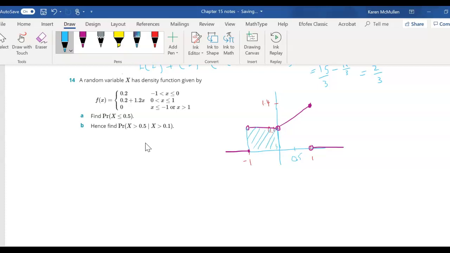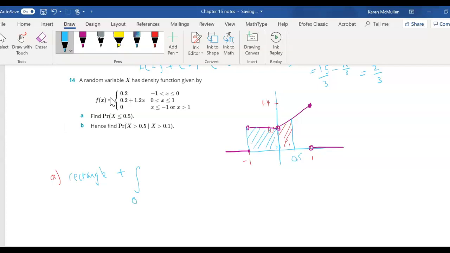So for part A, we can do that rectangle plus just this area on the other side. I might highlight that in a different color, plus this. We can use a definite integral for that, but for the rectangle we will just use our values, which is a little bit easier.